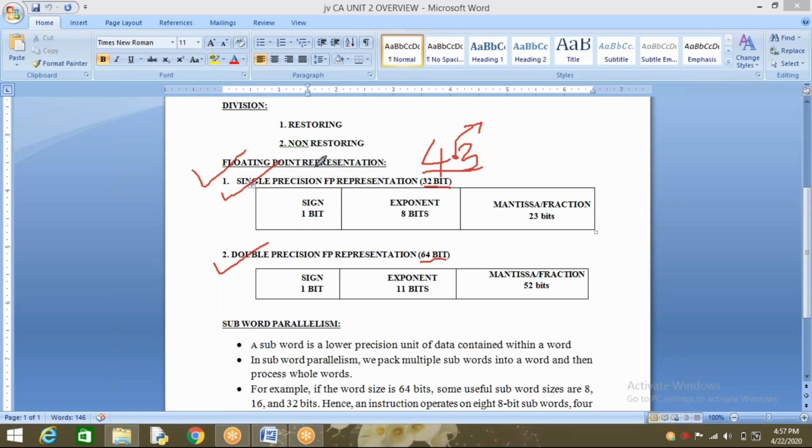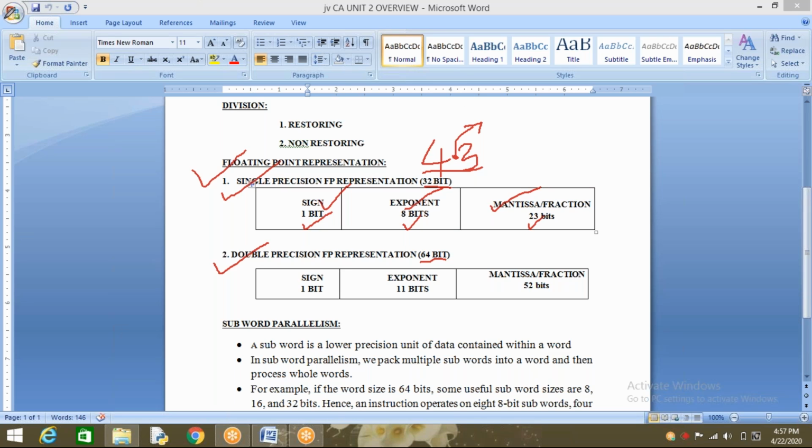Usually the floating point representation has three fields: the sign field, the exponent field, and the fraction or mantissa field. In single precision, the sign takes 1 bit, the exponent has 8 bits, and the fraction part has 23 bits.